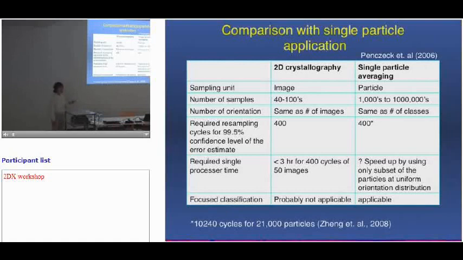But since then he has had a paper come out in 2008, in which he estimated what he needs for getting what is considered a good estimate, for 21,000 particles. He ended up doing a lot more cycles. The rationale there is that what we are looking for is not just the confidence value.